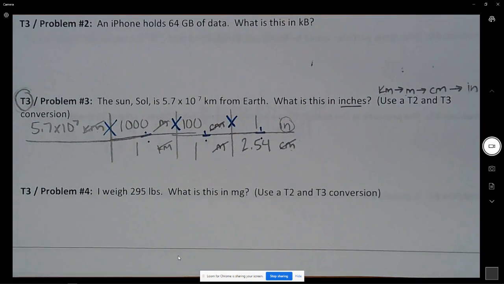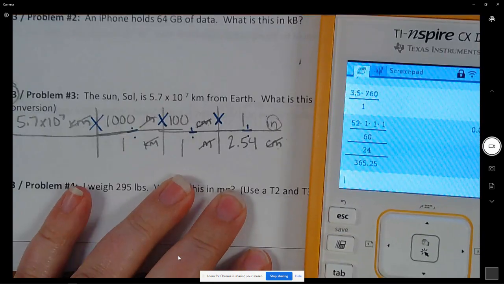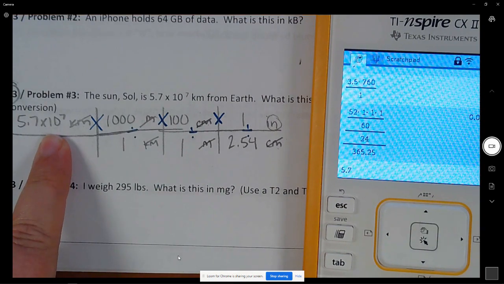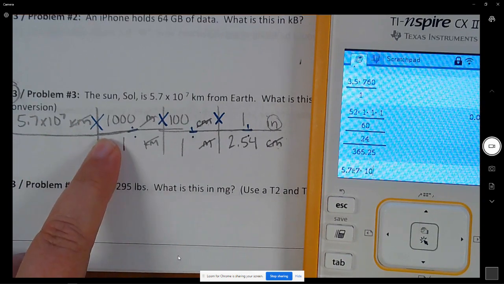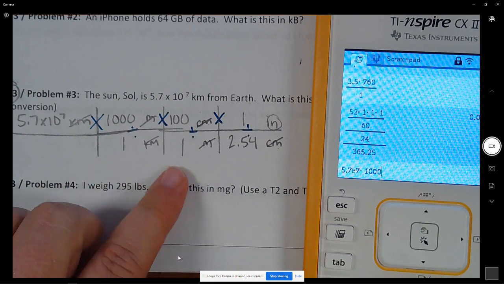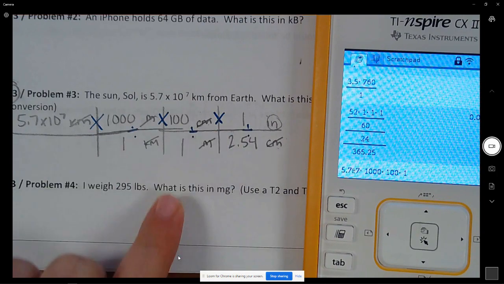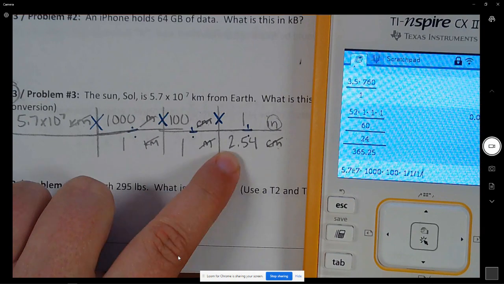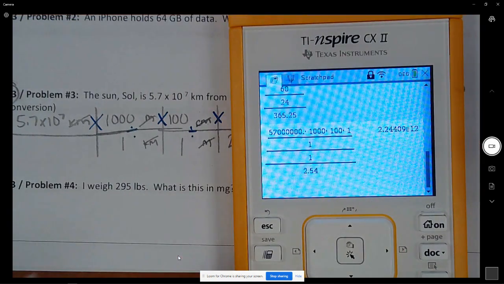When I put this into my calculator, remember when you have times 10, you hit that double E button once. So 5.7 times 10 to the 7th times 1,000 times 100 times 1, divided by 1, divided by 1, divided by 2.54. This is the answer I get.